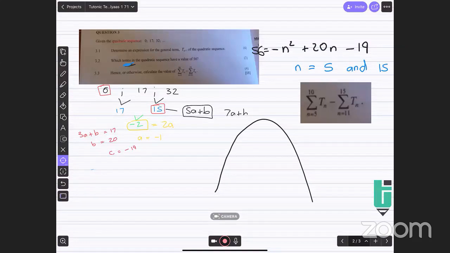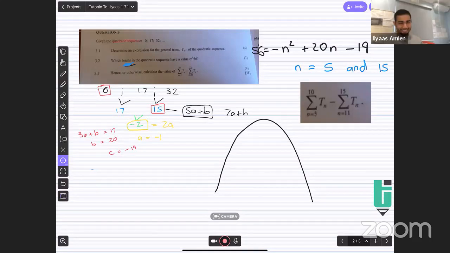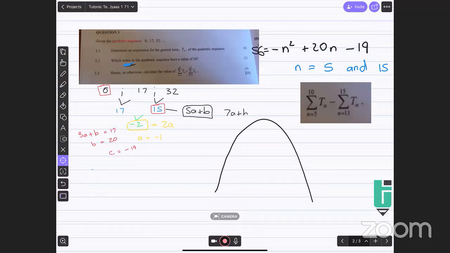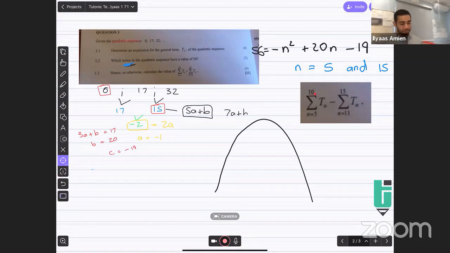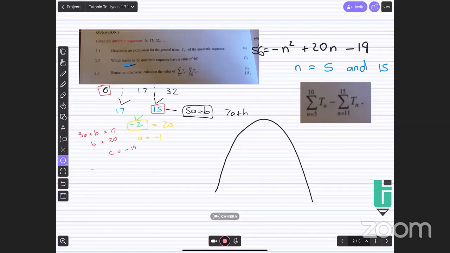There are 10 terms in the first sigma, and it starts at 5. Not 10 terms. Sorry, 10 minus 5 plus 1, so 6. It starts at 5 and ends at 10. And can't you also see that if you sub in 5 into the previous equation it's 56, and for the second one you sub in 15, so it will be 56 minus 56?